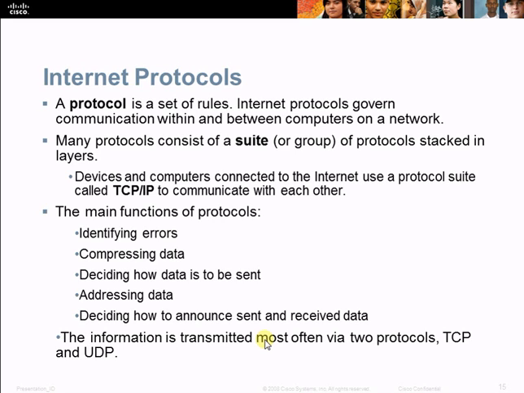The main function of protocols is to identify errors, compress the data, decide how data is to be sent, address the data, and decide how to announce and send and receive the data. Information is transmitted most often via two protocols, the TCP or the UDP.